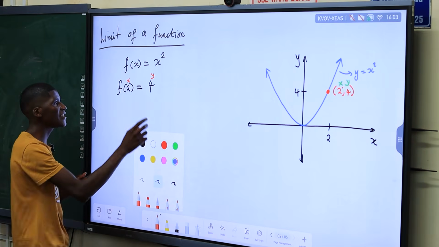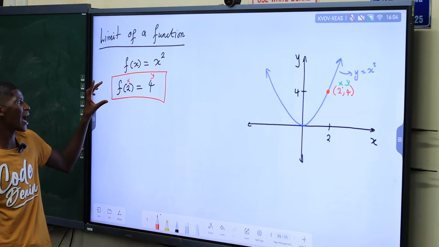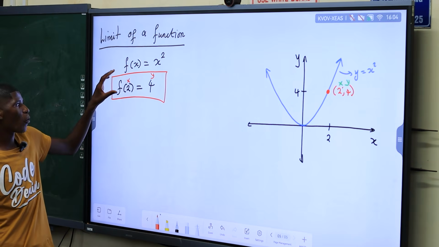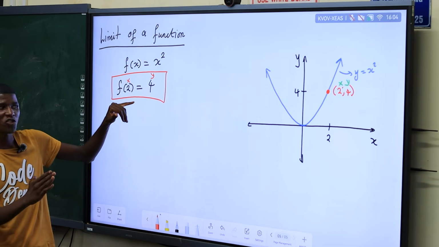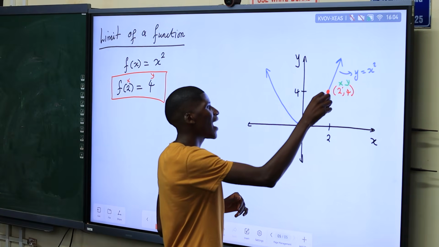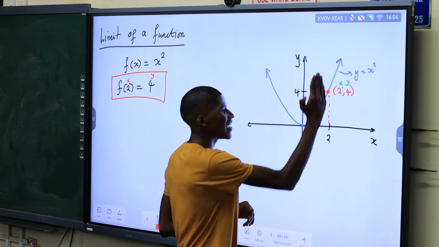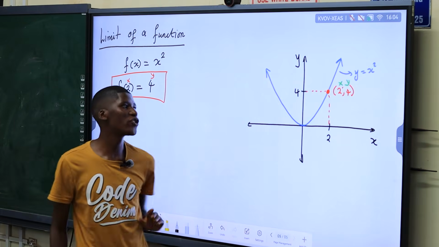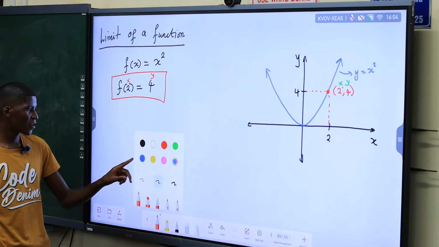This tells me the actual y value when x is equal to 2 on this function is going to be 4. So when we are standing exactly at 2, our y value is going to be 4. All right.